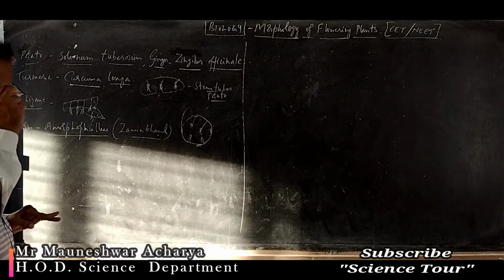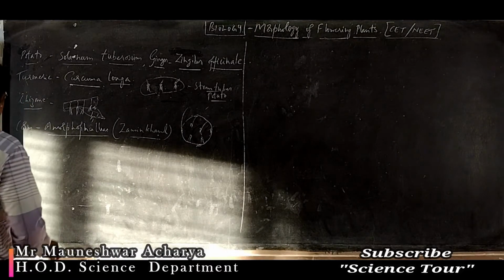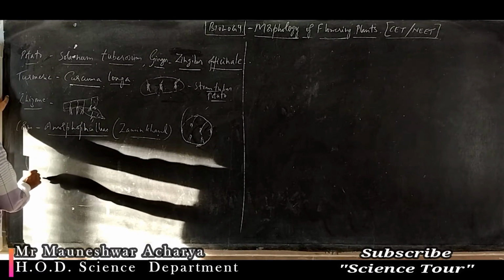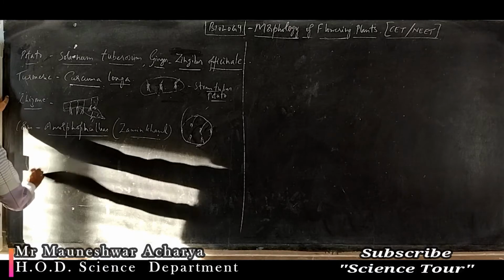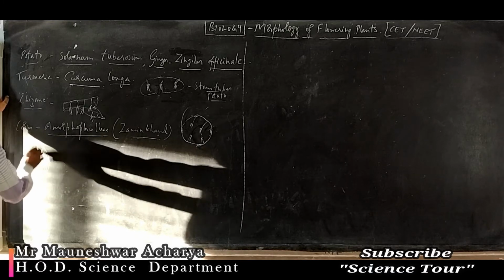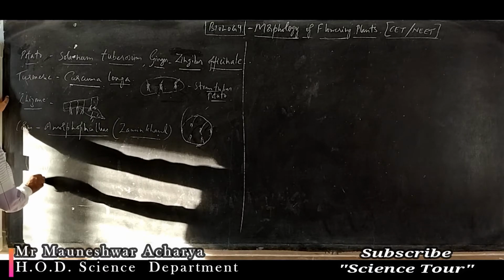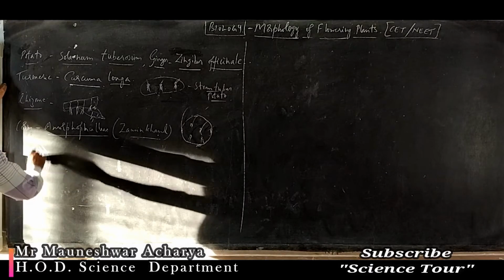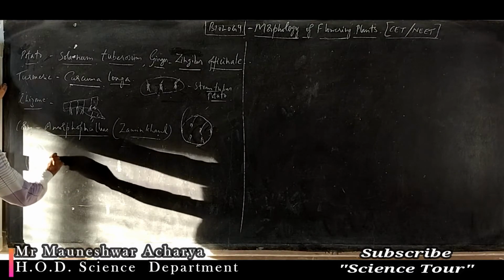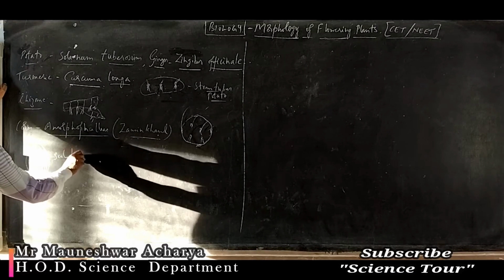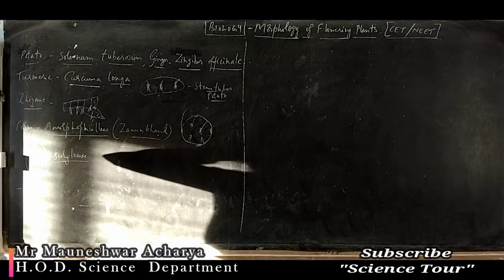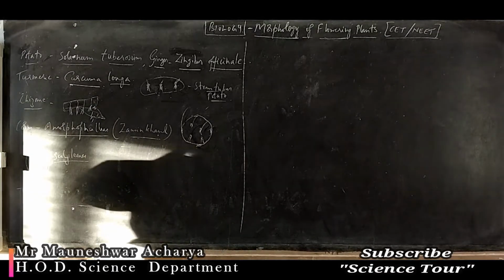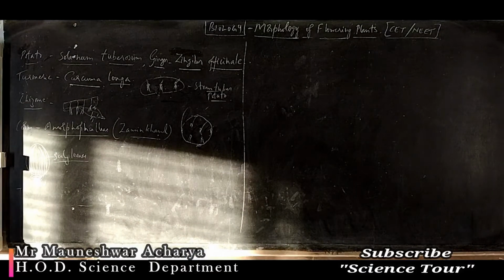One more underground stem modification is there, that is in case of onion. In case of onion, a disc-like stem is present. From the base arise the adventitious roots, and scaly leaves start to arise. These are called scaly leaves. They start to arise from the aerial portion, which helps for storage of food. Understood?